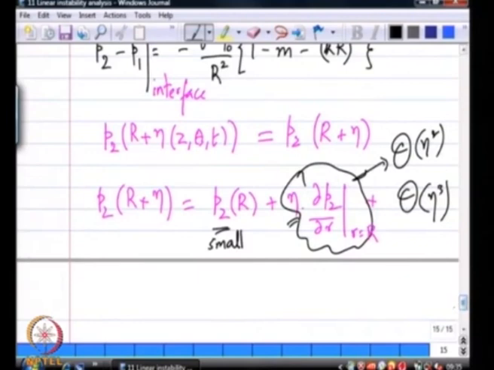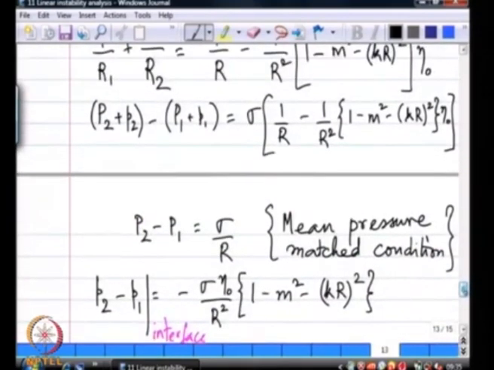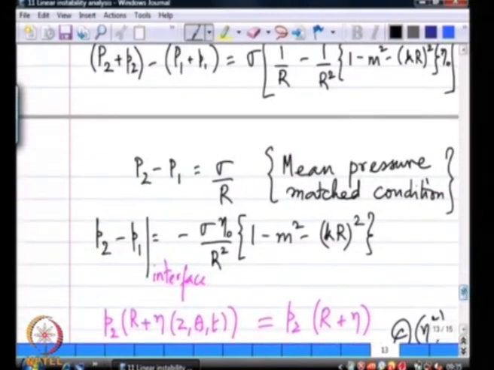Rigorously, if I have to do this to higher orders, I do need to retain these terms, but to the order into which we are writing these equations, we can evaluate these perturbation pressures at the unperturbed interface and still get away with it.